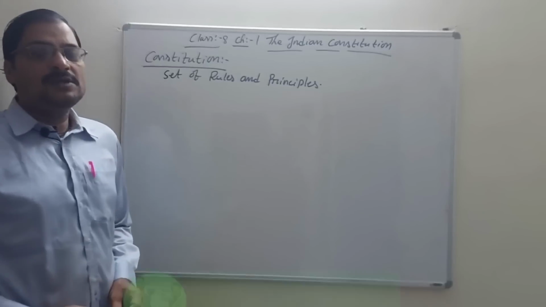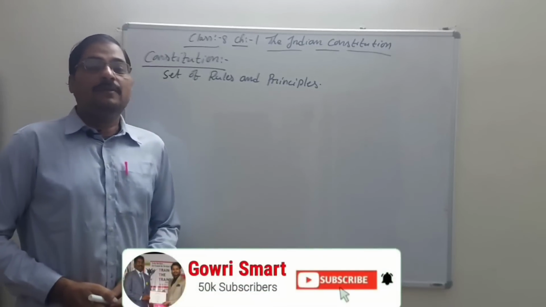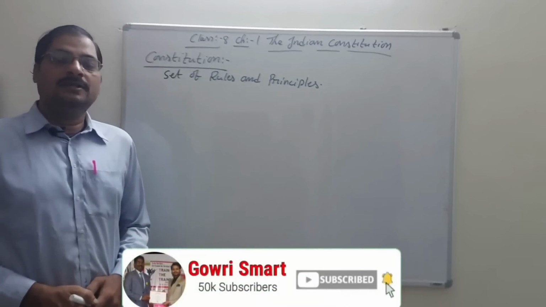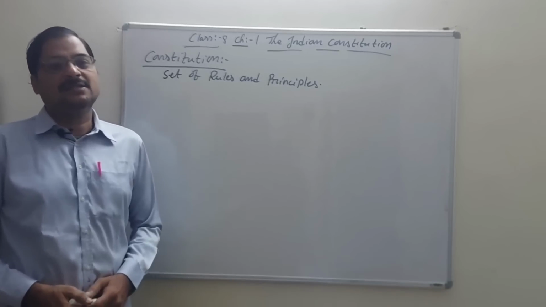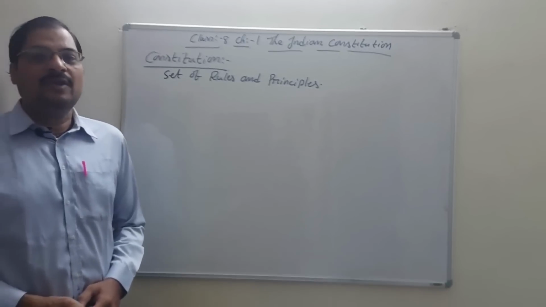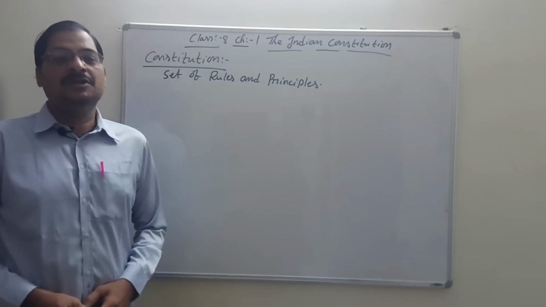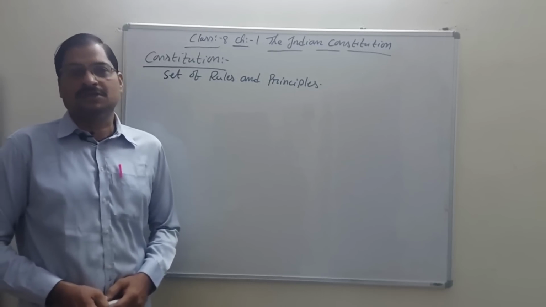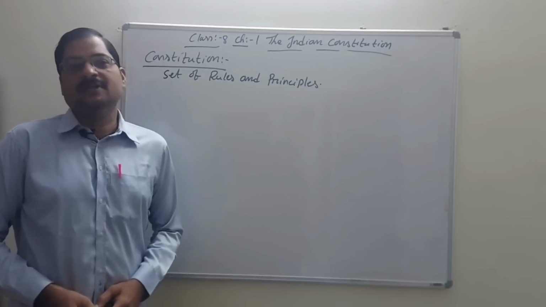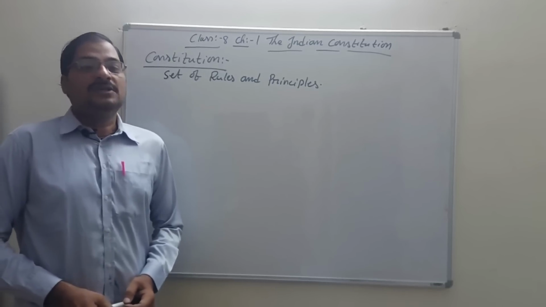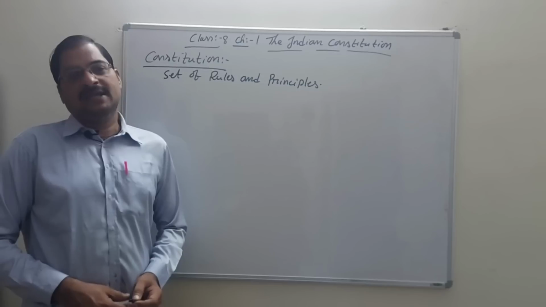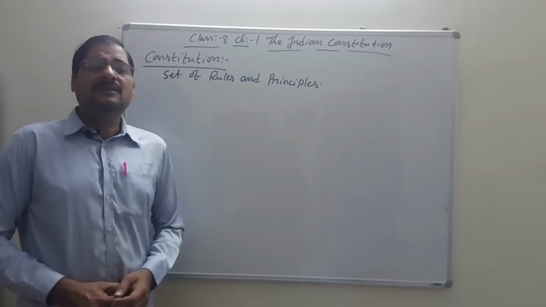Everybody should agree to these rules and principles. There is no religion, no caste, no language or any other such thing mentioned in the Constitution. Everybody accepted this. So, according to our lesson, why do we need the Constitution?